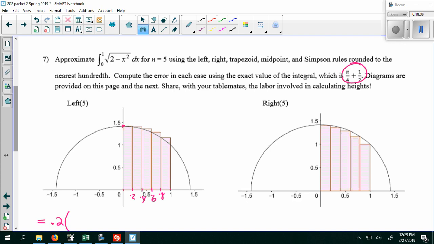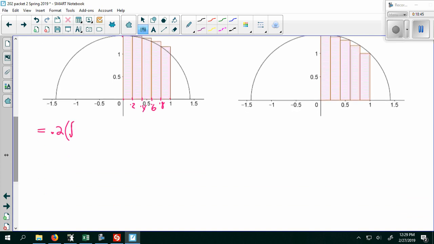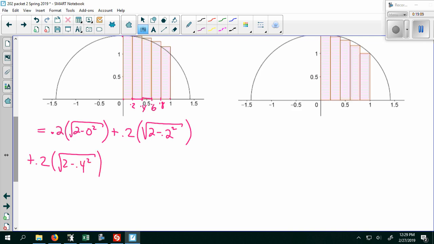but I can figure out exactly what it is by plugging 0 into the function, 2 minus x squared all under a square root. So 2 minus 0 squared radical. My next rectangle has a base of 0.2 and a height of radical 2 minus 0.2 squared, plus 0.2, base of my third rectangle, times radical 2 minus 0.4 squared.